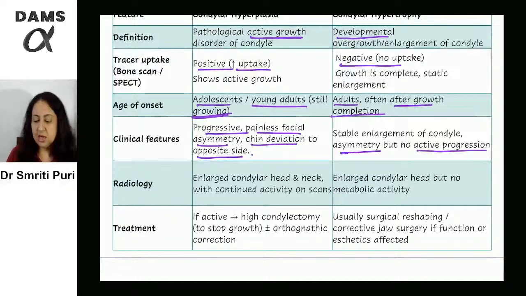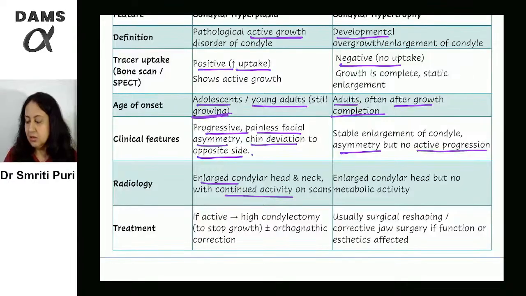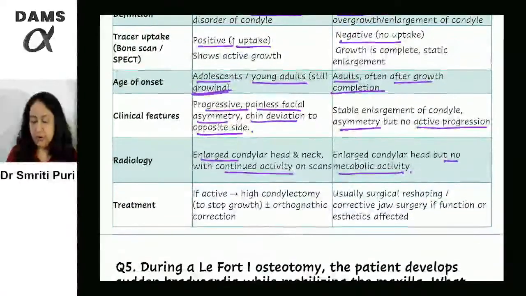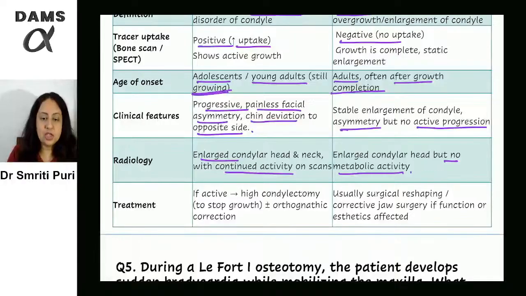Radiology, like I told you: enlarged condyle with continued activity on scans in hyperplasia, and there is no metabolic activity on scans in hypertrophy. Treatment of hyperplasia is high condylectomy if the growth is active, with or without orthognathic surgery depending on the patient's condition.